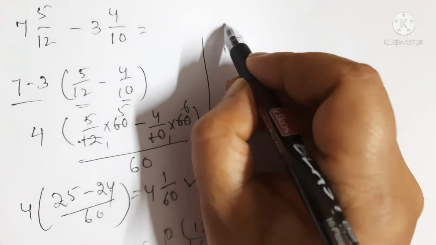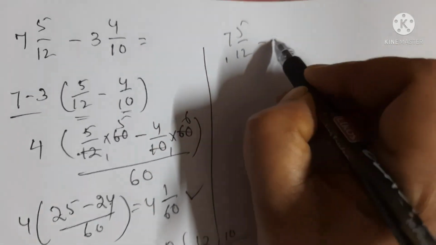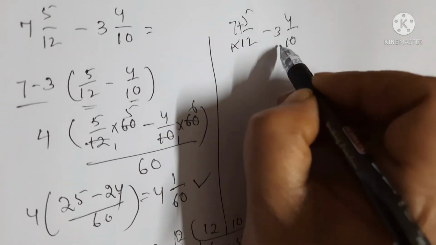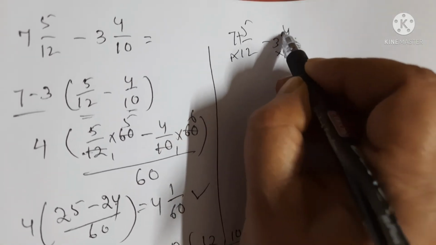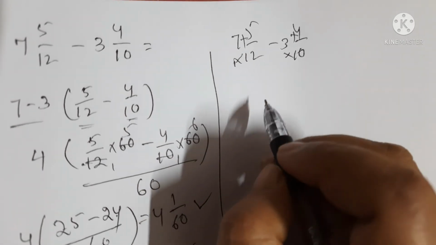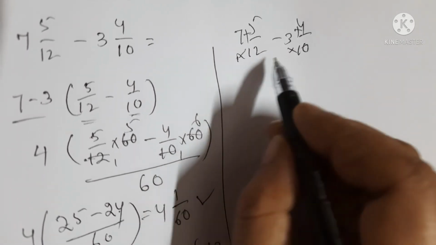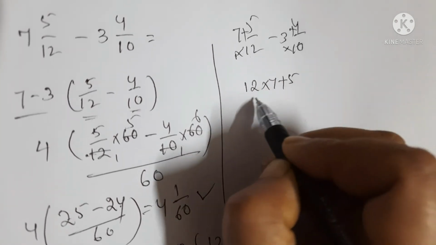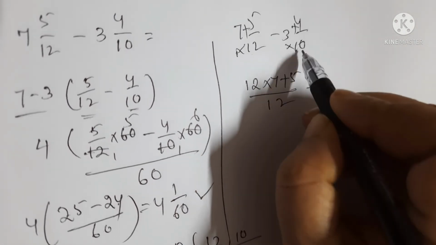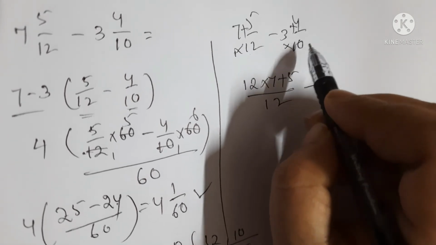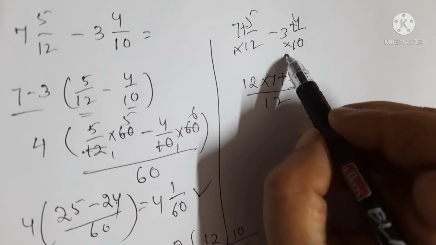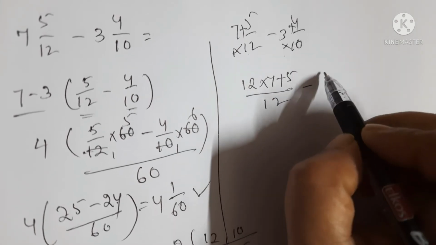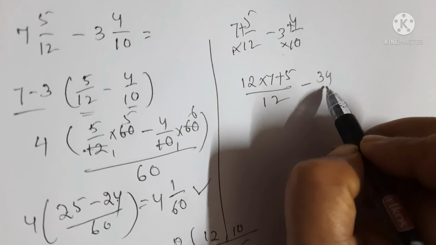Now this 7 5 by 12 minus 3 4 by 10. Okay, by converting them into improper fractions we will do the subtraction now. 12 into 7 plus 5 by 12 minus, first process is this one. In the first step you will apply by converting them into improper fractions. 10 threes are 30 plus 4 is 34.